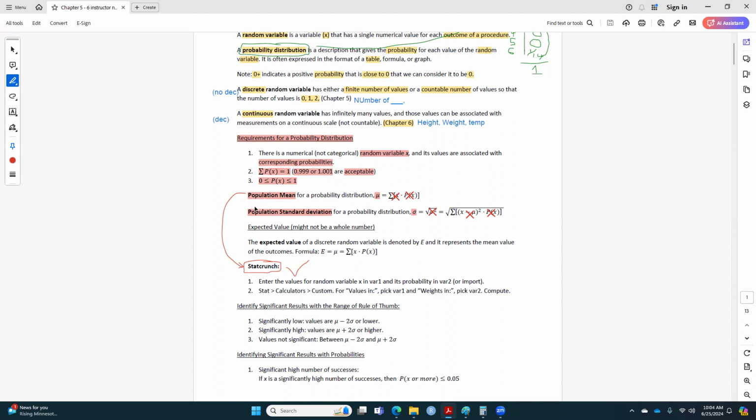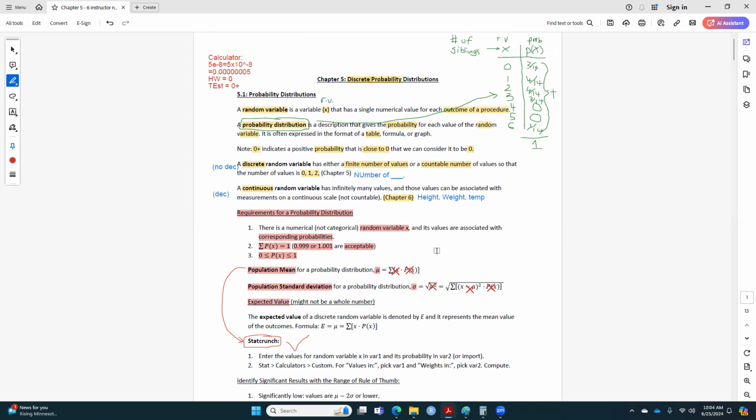The next thing after this is called the expected value. What is an expected value? Expected value is something that we expect. For example, if I collect data from you about the number of siblings, I can find the expected value, which means that if I go to the next class or next sample, I can expect how many siblings they have.